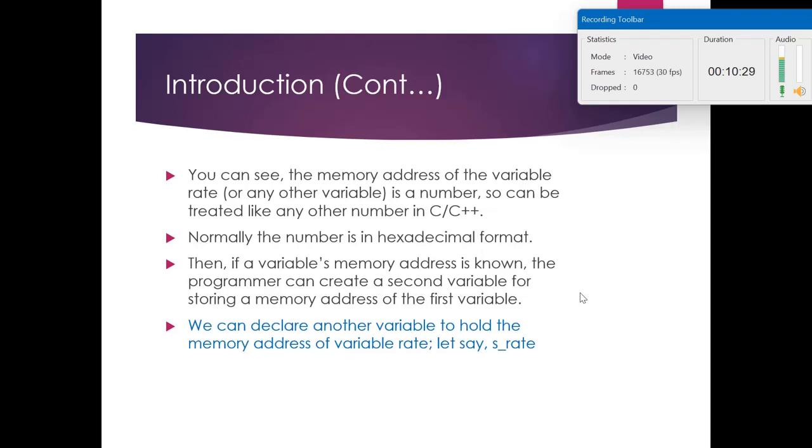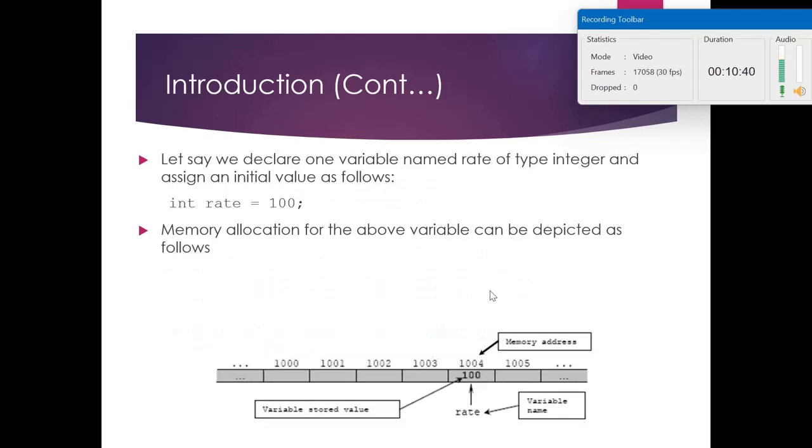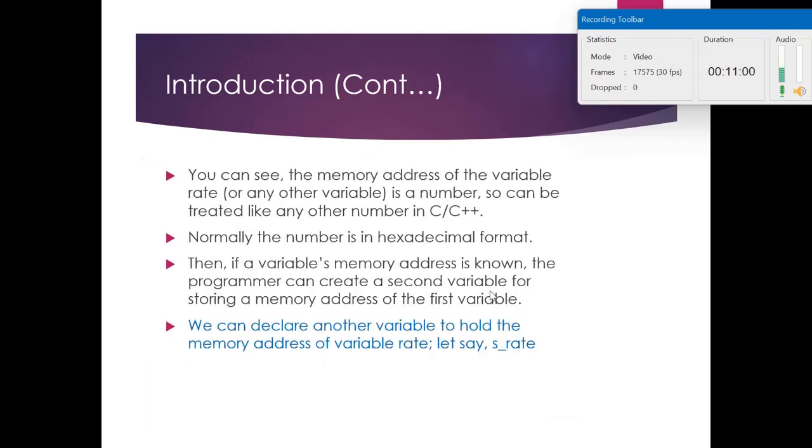We can declare another variable to hold the memory address of this variable rate. Here you can see the variable name is rate. If we want to keep the memory address of this rate variable, we can create another variable to hold what data? To hold the memory address, which is a hexadecimal value. Let's see.